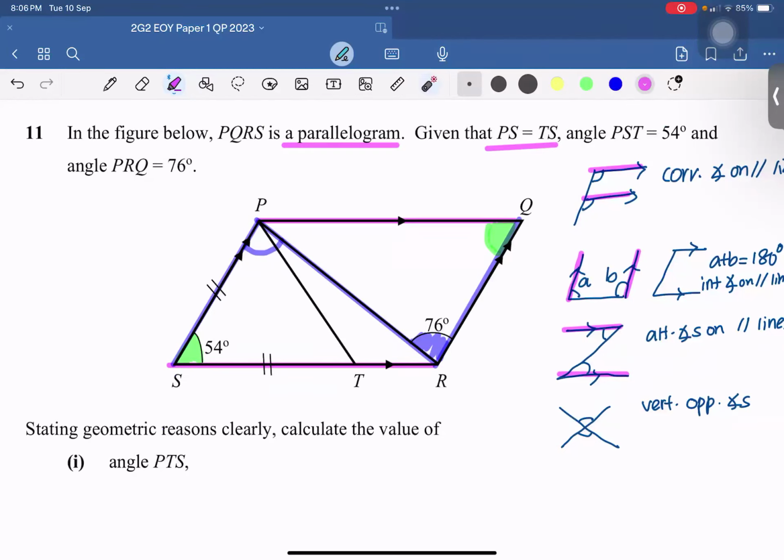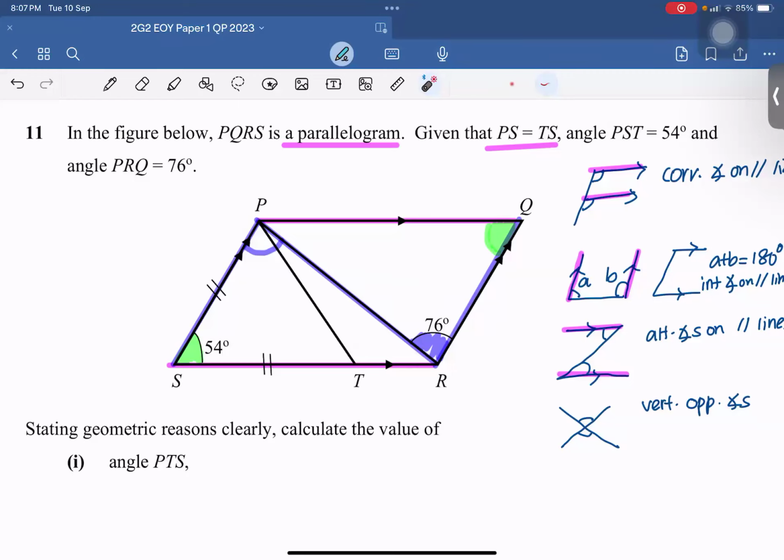So what can you tell me about this triangle? PS equals ST. What kind of triangle? Equilateral would be all three sides, but this one only has two. Starts with I. Isosceles.